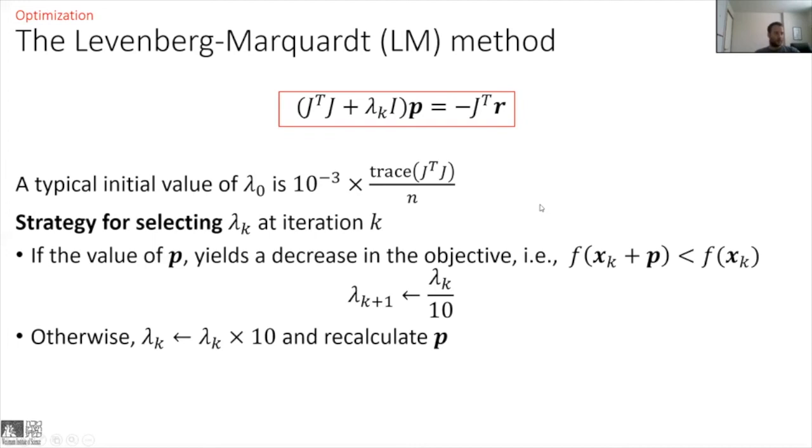Yeah. Amnon? When you do the Levenberg-Marquardt method, do you check first if J transpose J is invertible or not, and then you decide whether to use Gauss-Newton or this one? Actually, no. In this method, you need to decide, because as we mentioned, it's not a line search, it's a bit different. So you need to decide that you're using this method before you use it.